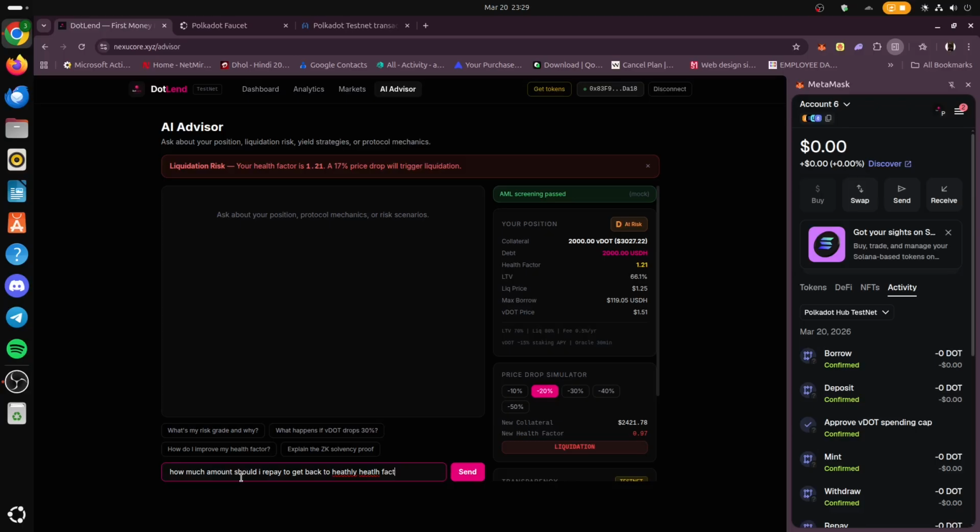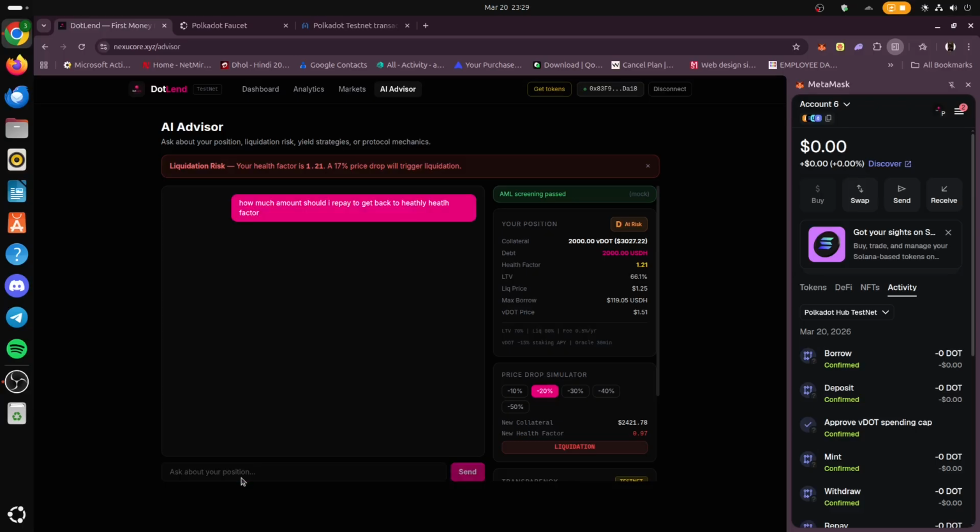It's asking us to repay 119.05 USDH. It would bring our debt to 1880.95 USDH, reducing our health factor to approximately 1.00. However, the exact repayment amount to get above 1.2 HF is 98.41 USDH. Okay, so since it says 119 point something, for now just repay 200.